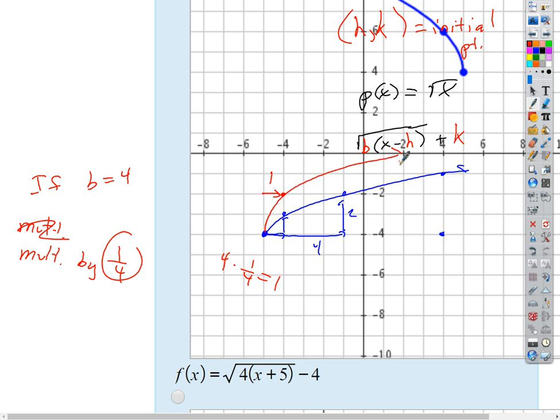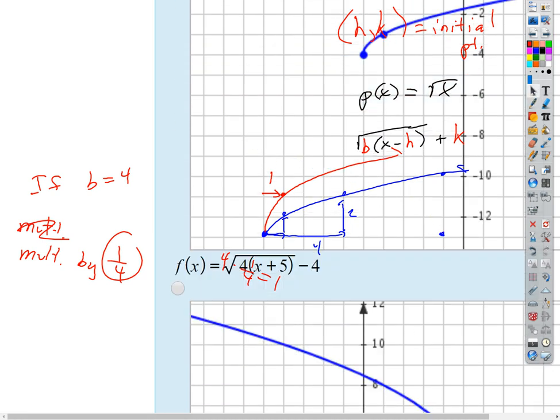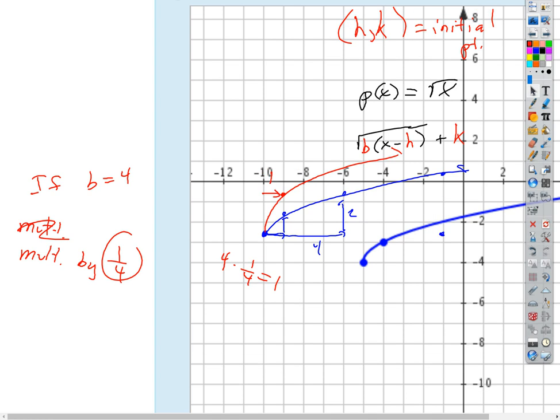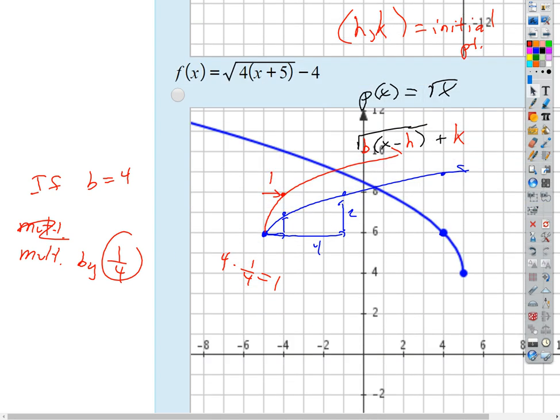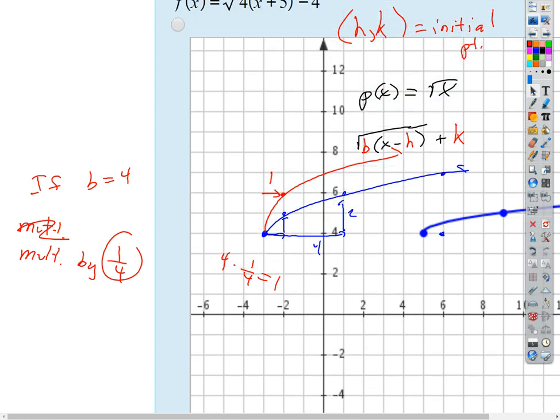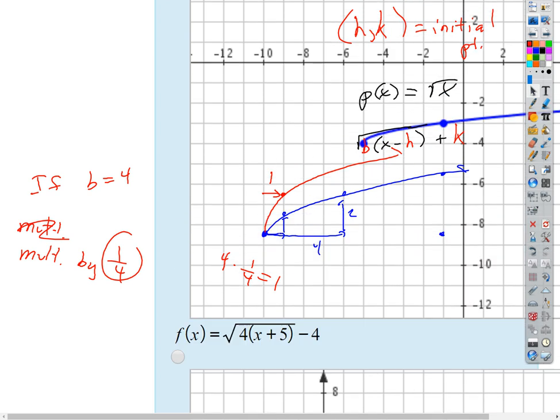That's all we need, is one point that we know it goes through and the vertex, and we got the function. So we want the one with a vertex there that's going to go over 1 and up 2. So which one is that? Not that one. Not that one.